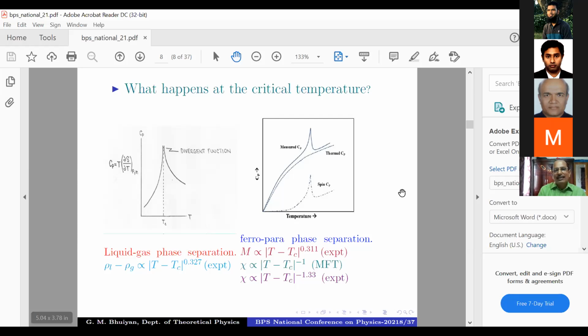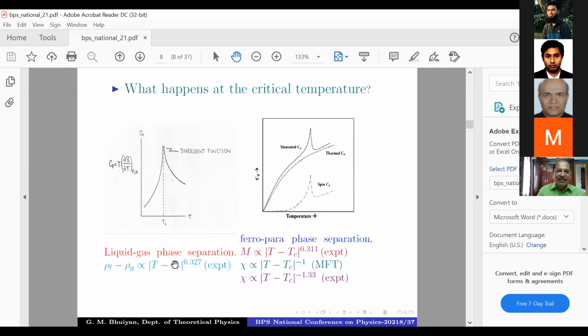It is found, and in a completely different phenomenon, if you look at the magnetization near the critical point, it goes as T minus Tc to the power 0.311. Both of these are experimental data I have placed here. Now it is very interesting that all these different phenomena, one the liquid-gas phase transition, another the para-ferro phase transition, behave in a similar way at the critical point.